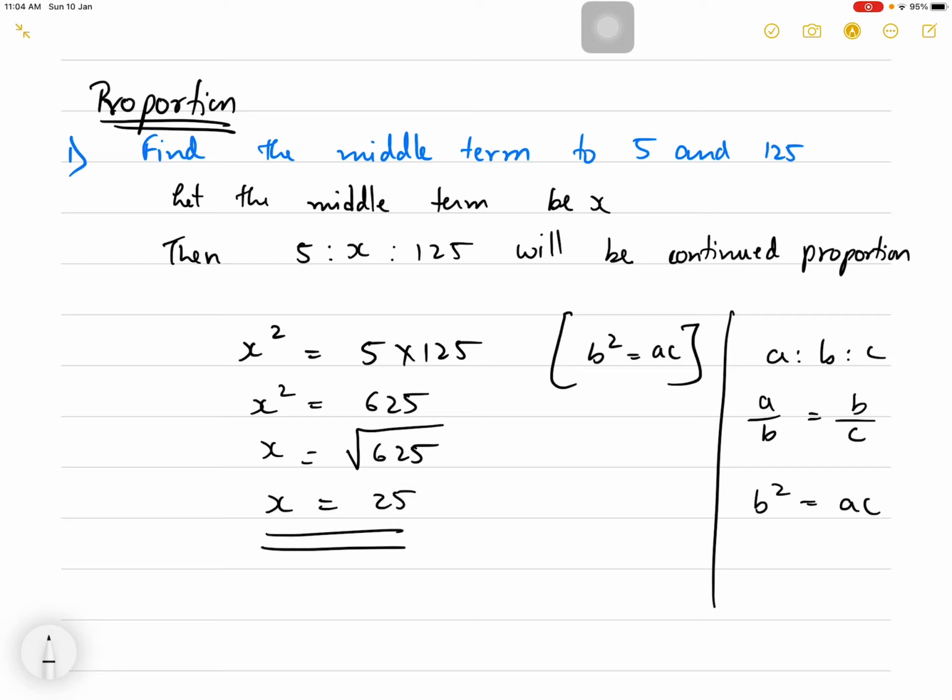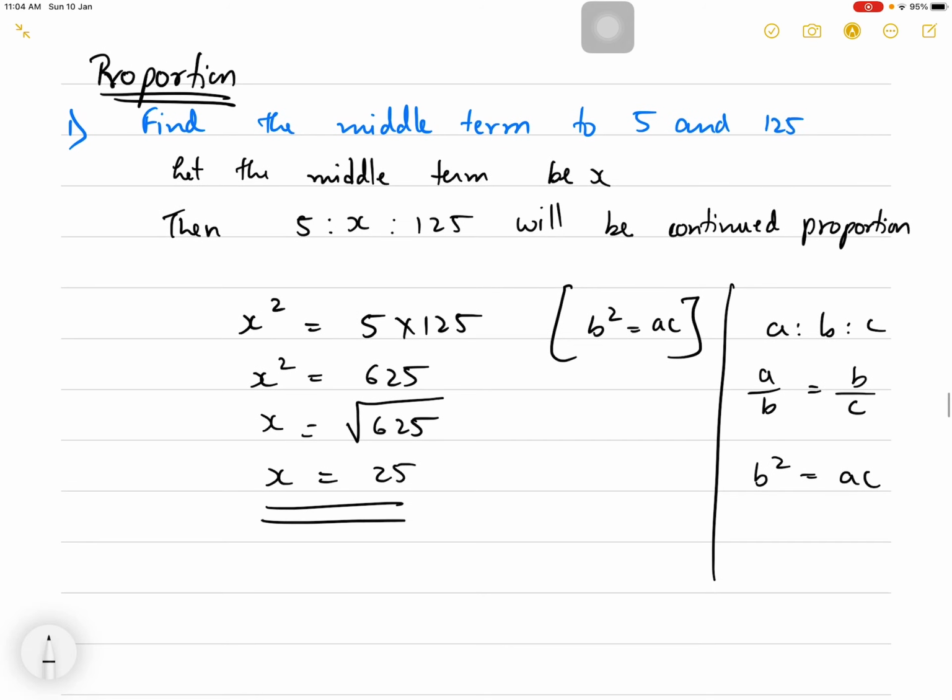Square root of 625 is 25. Right? Therefore, the middle term, which is also called the mean proportion, is 25. Got it?